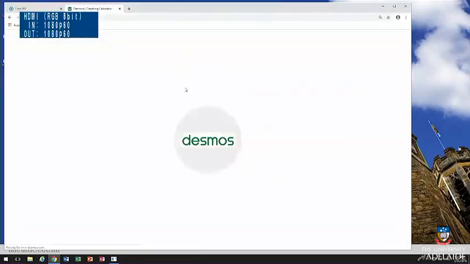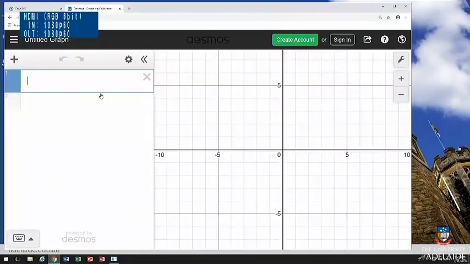This is Desmos, and it's a lovely little drawing program. Have you seen it before? Good. Did the lecturer use it? No. Okay. This is Desmos, and you could write any function you wanted.